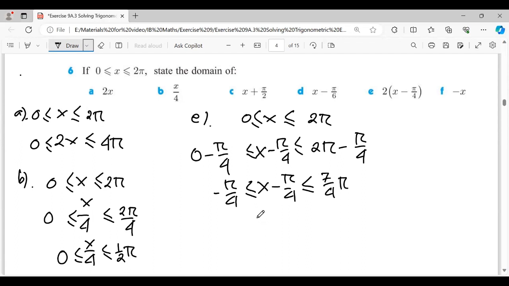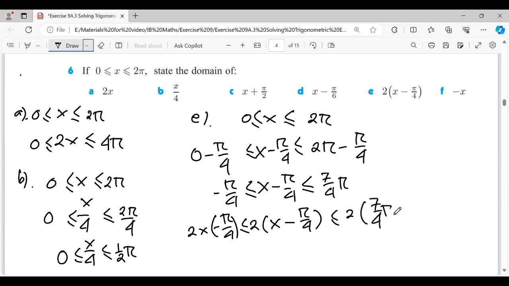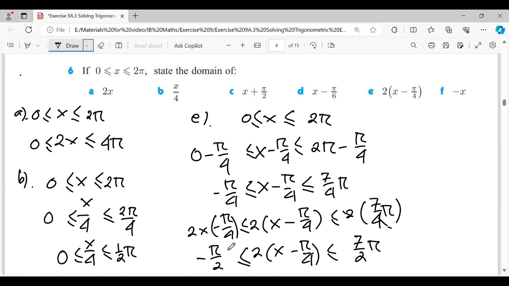After that, times 2. Okay, 2 times x minus pi over 4. It means this is times 2, 2 times 7, so 7 half pi. This is negative pi half. Okay.